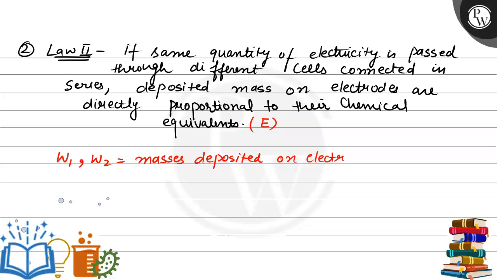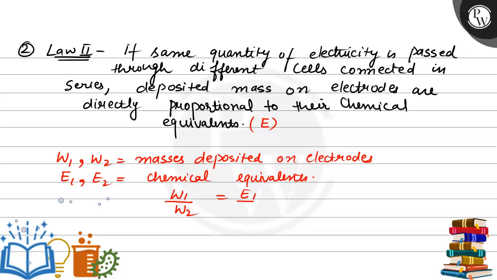Okay, so in these two solutions mass has been deposited, and their chemical equivalents will be E1 and E2. So according to this law, W1 divided by W2 will be equal to their chemical equivalents.